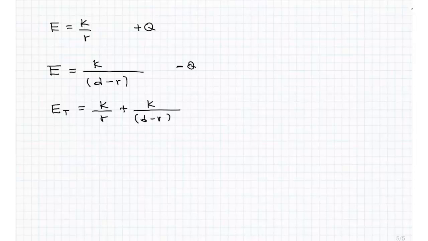I will take the K out of the terms and write it like this. The potential difference between the wires is found by integrating the field with respect to the distance, between a and d minus a.